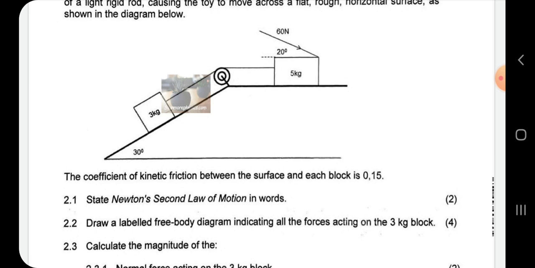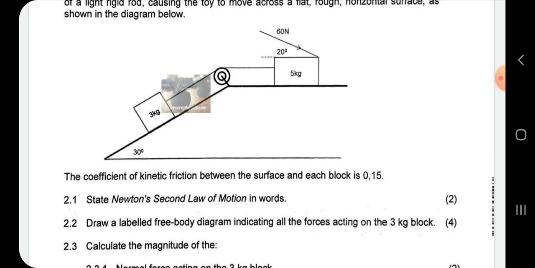So we are given the coefficient of kinetic friction. Okay, you need to know the kinetic friction, which means this thing is moving. Kinetic friction is when an object is moving, and static friction is when it's standing still. So we're given the coefficient of kinetic friction, meaning that these things are moving.